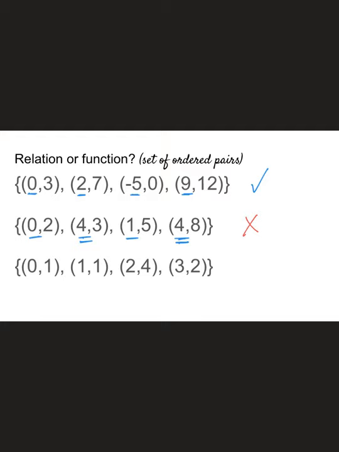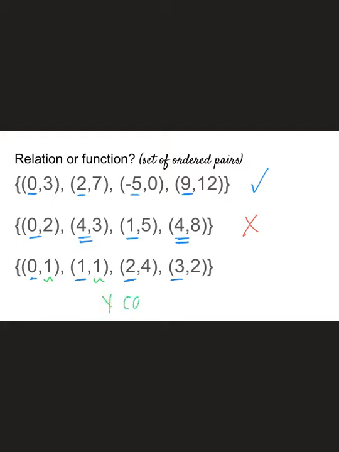And then the last one, we've got 0, 1, 2, 3. That's good. If you look, I put this here so you could see an example and not get tricked. We've got 1 and 1 in the Y, or the output. That does not matter. That is okay. Y can repeat.